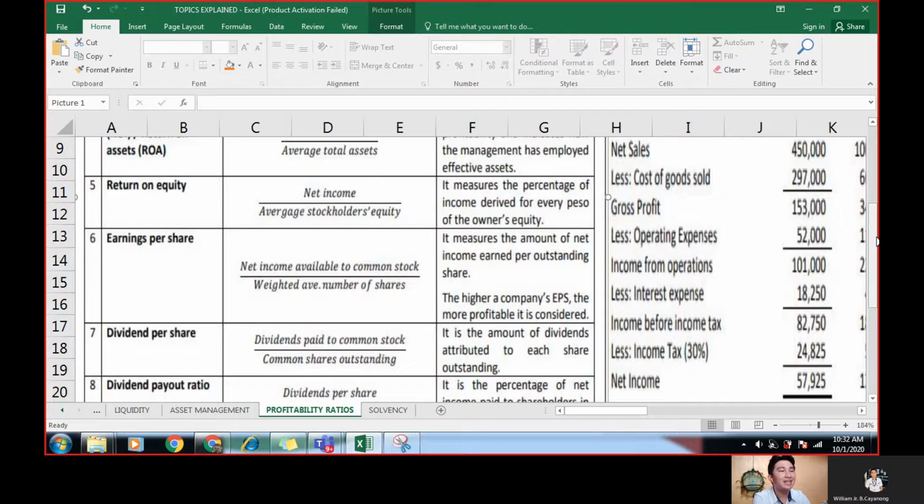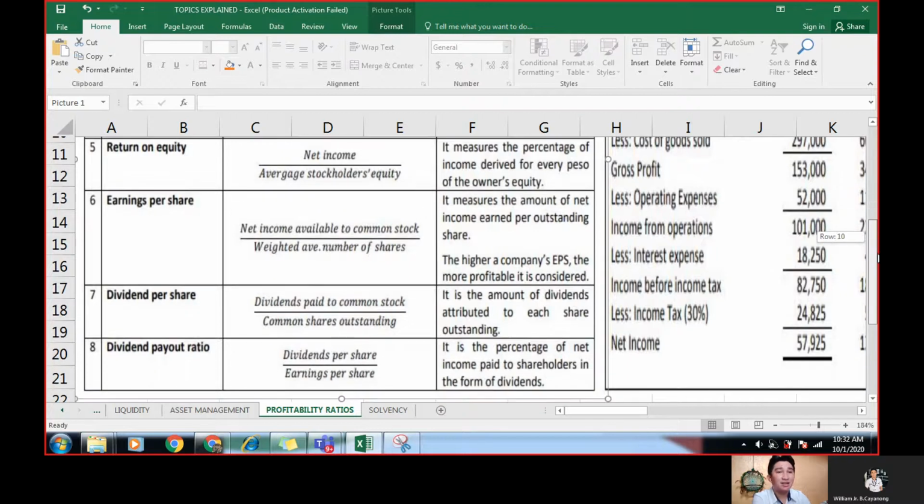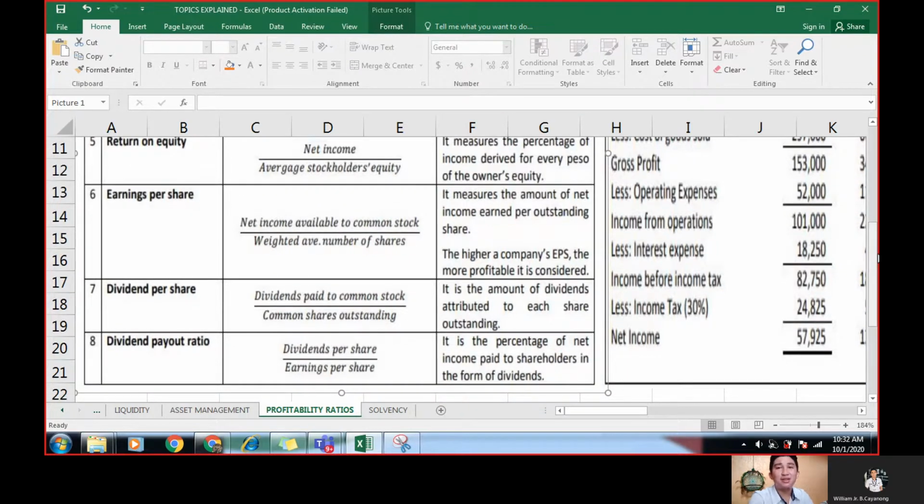Next is earnings per share. To get your earnings per share, it has something to do with dividends and the common stockholders' earning capacity. It is computed using your net income available to common stock. We have two types of shares in a corporation: common stock and preferred stock.